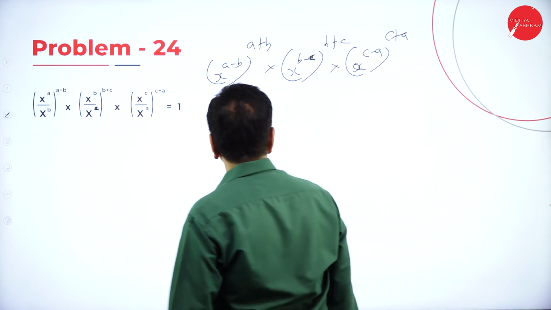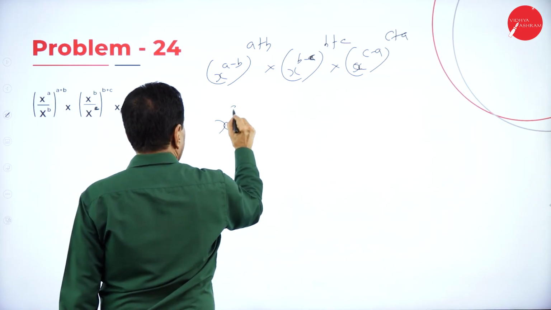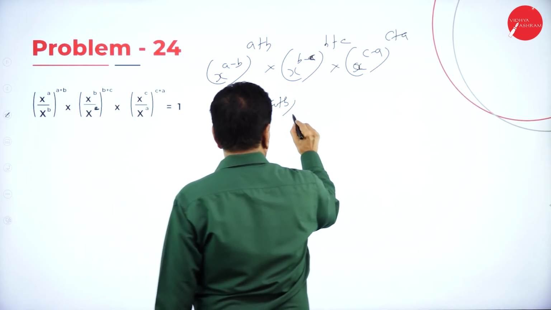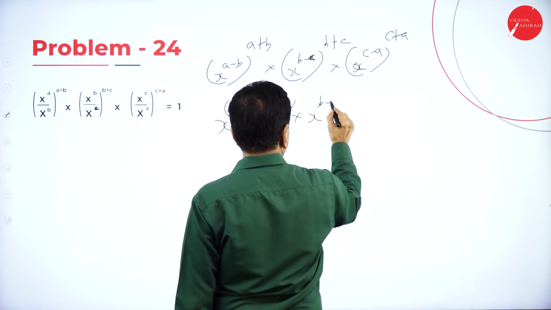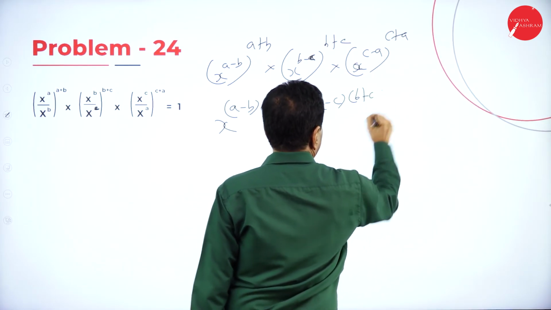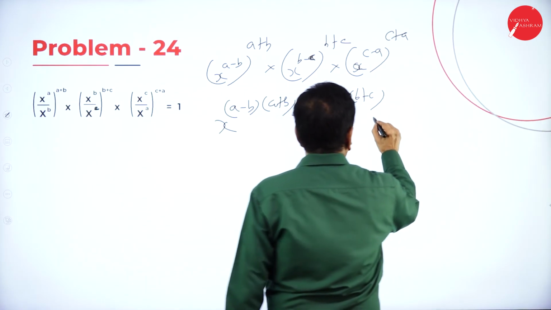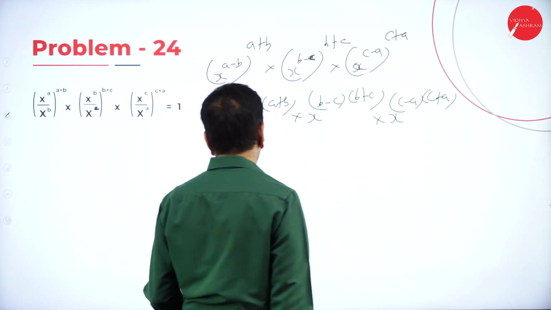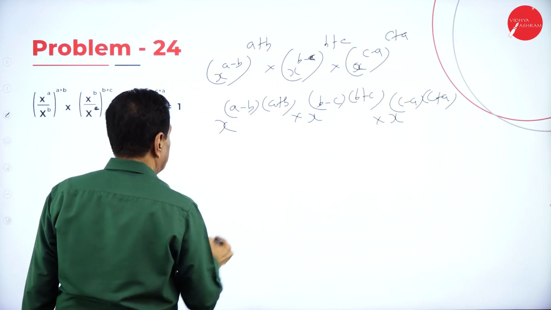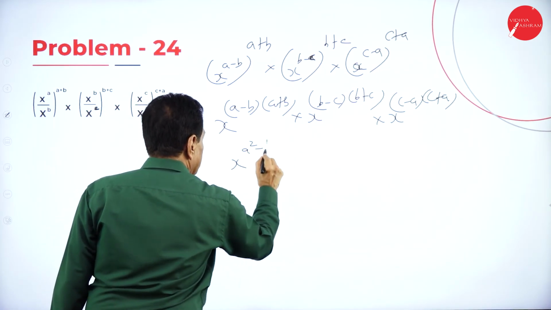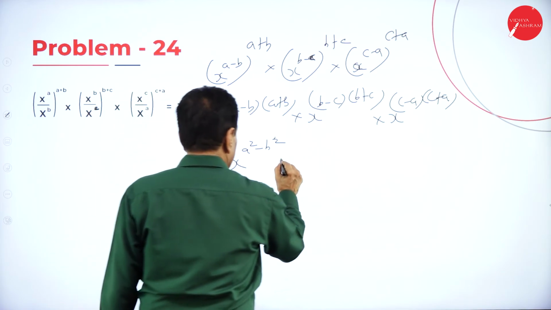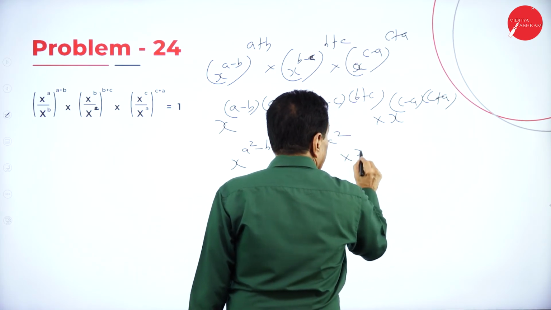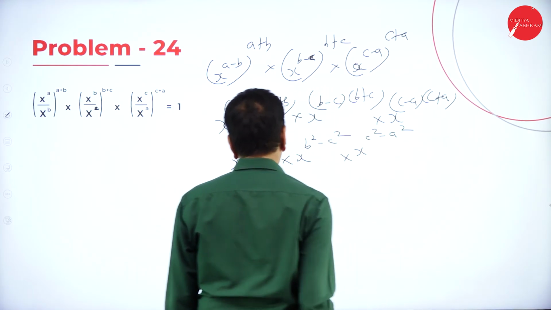So x is common here. We can write x to the power of a minus b into a plus b, into x to the power of b minus c into b plus c, into x to the power of c minus a into c plus a. This can be written as a plus b into a minus b is a squared minus b squared, so x to the power of a squared minus b squared, into x to the power of b squared minus c squared, into x to the power of c squared minus a squared.